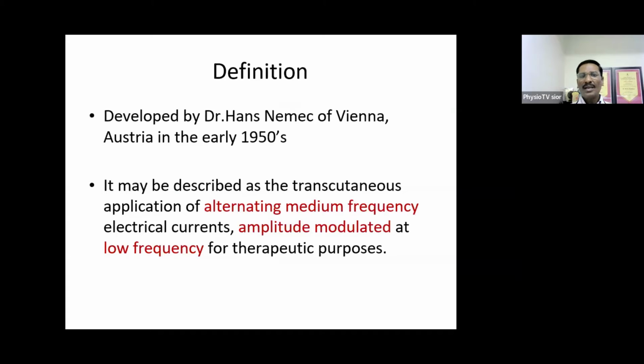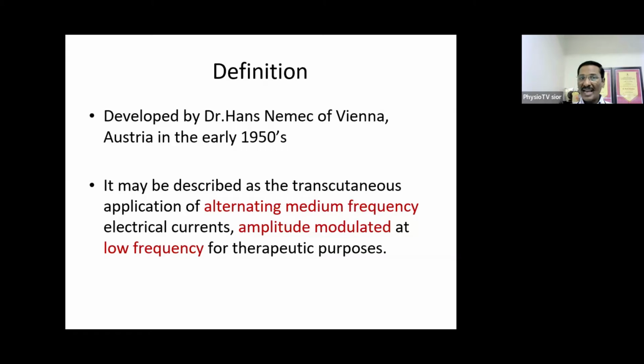This issue with the application of low frequency and the skin resistance, the solution was found by Dr. Hans Nemec in the 1950s. He is one of the famous persons from Austria who first explained this phenomenon of interferential therapy.